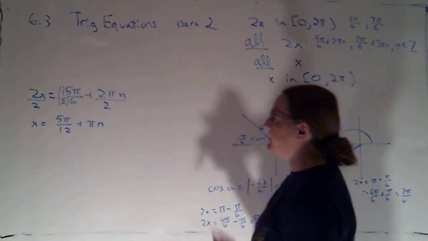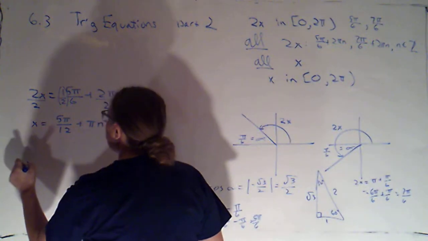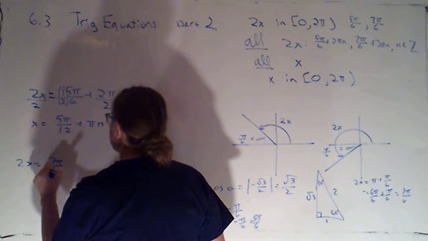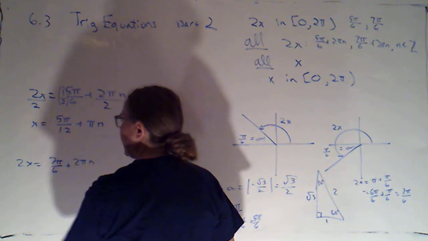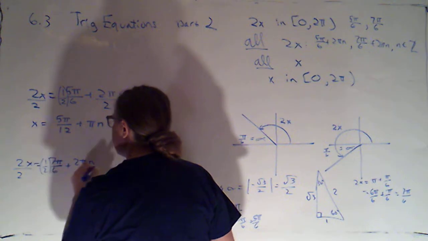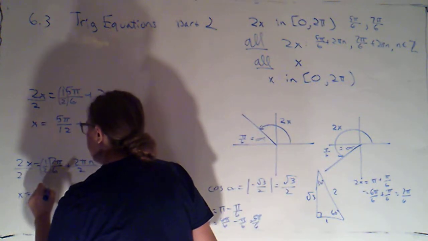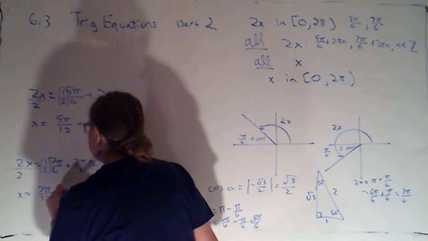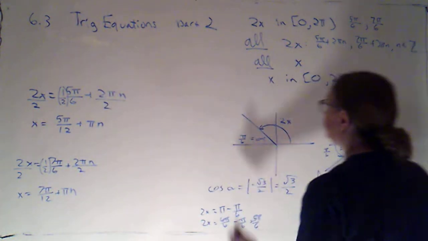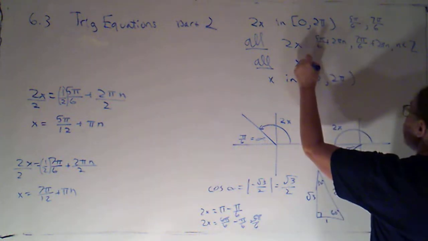All right, so my other option was that 2x could be 7 pi over 6 plus 2 pi n. If I divide by 2, again, that's the same as multiplying by 1/2. So x is going to be 7 pi over 12 plus pi n. Okay, so all the values for x we now have.